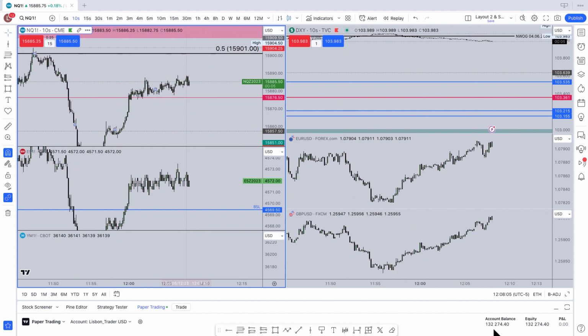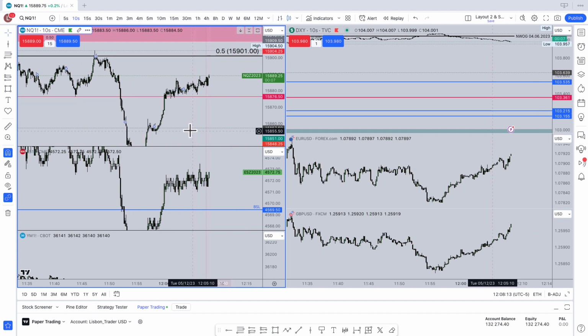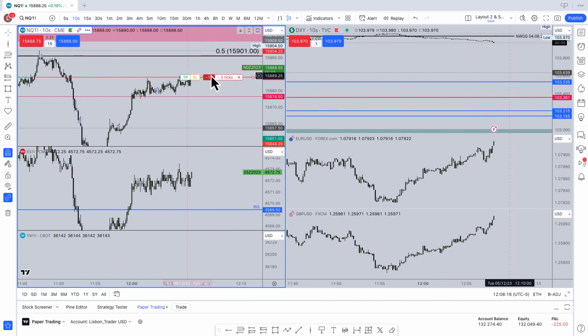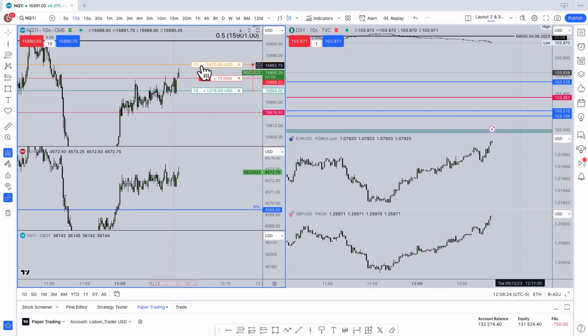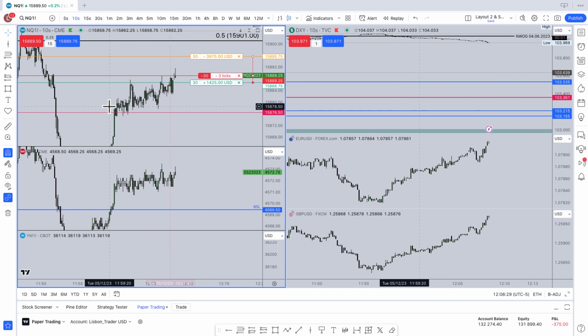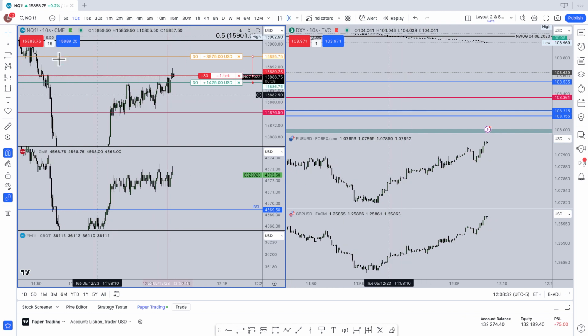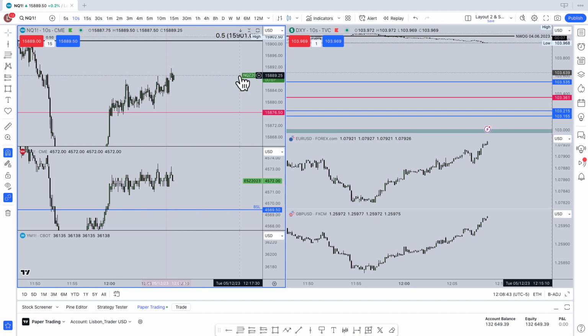So we recover the 50k we lost, and we did an extra 32k with this trade. See if it wants to snap back. Yeah, I'm done. So 132, and we'll call it a day.